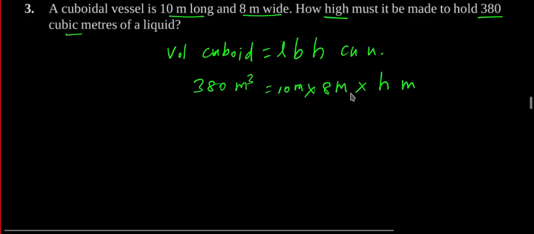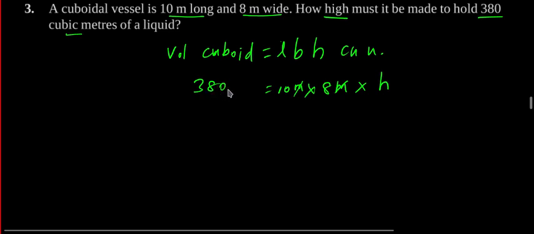This meter cube and this side meter also will get cancelled. So we don't want to put meter for H. Let me derive from this formula itself.